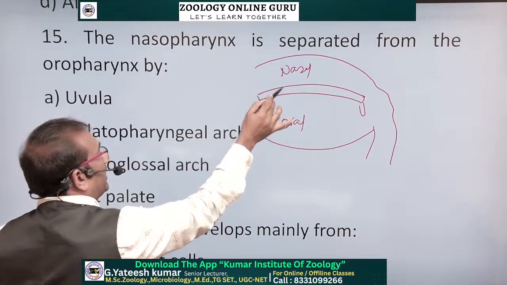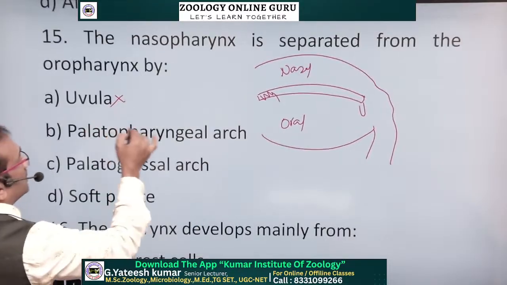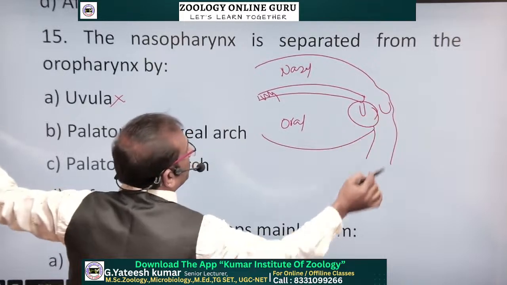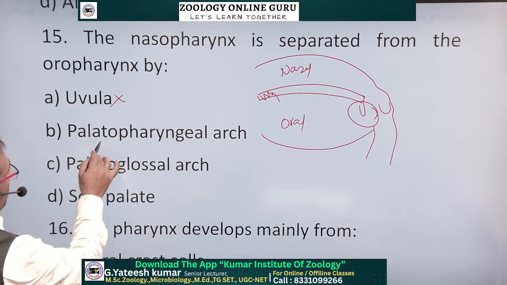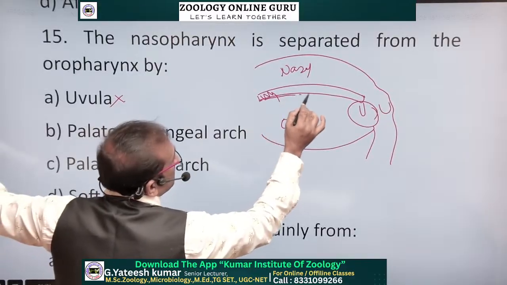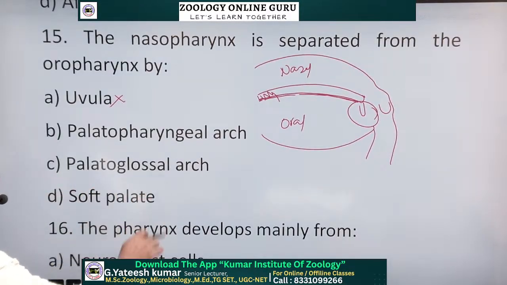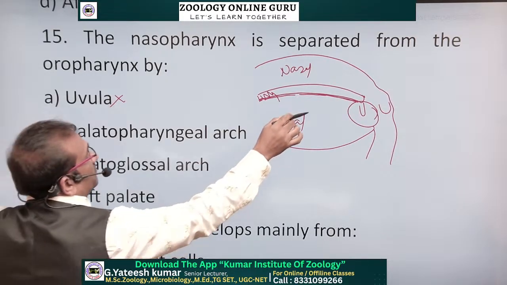The nasal cavity and oral cavity being separated by the uvula is a wrong answer, because this is the uvula. Here is the palatopharyngeal arch, and the palatoglossal arch, and the soft palate.